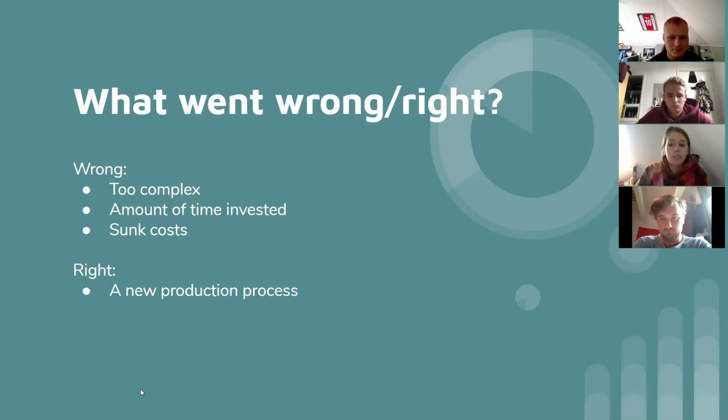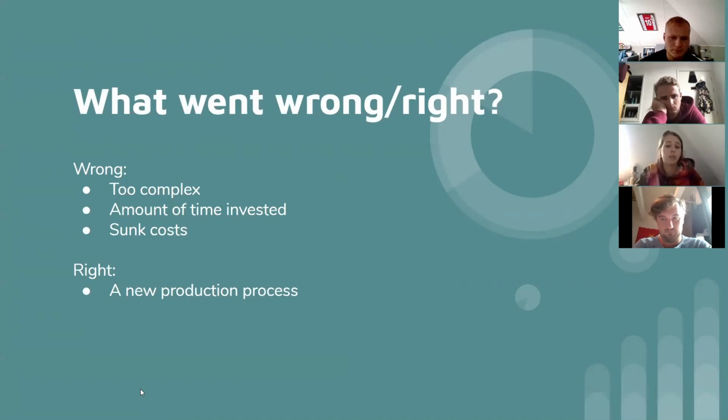And at that moment, this time could also be used in other places in the company, which would at that time be more efficient. Lastly, this is a minor detail, but there are also some sunk costs. A sunk cost is a cost that has already been incurred and cannot be recovered. All of those three things that went wrong were not major, but things they could improve on.